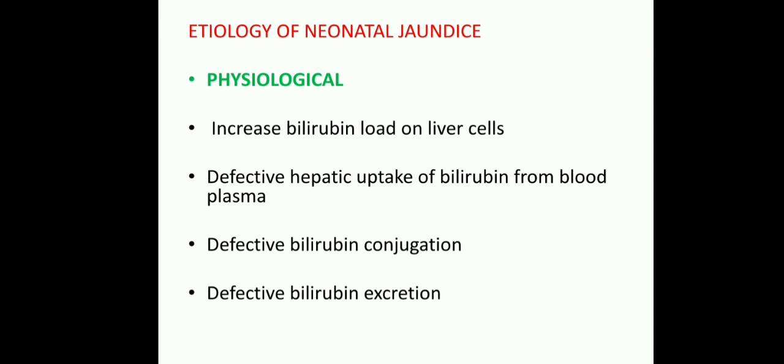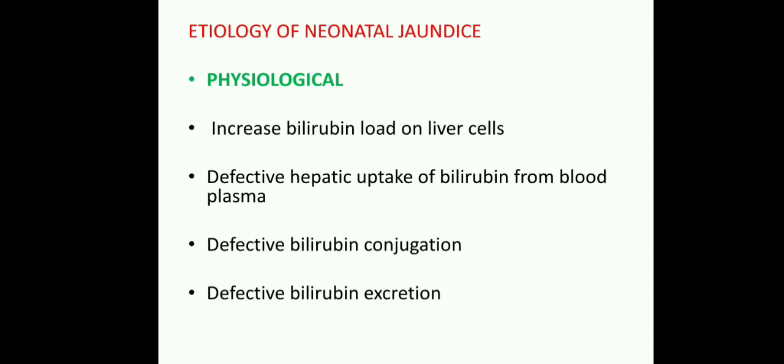Okay, next, coming to the etiology of neonatal jaundice. Again, here also it is divided into physiological and pathological. The physiological jaundice is due to increased bilirubin load on liver cells, defective hepatic uptake of bilirubin from blood plasma, defective bilirubin conjugation, and defective bilirubin excretion. Everything is defective because of the increased bilirubin load on the liver cells, because of RBC breakdown.